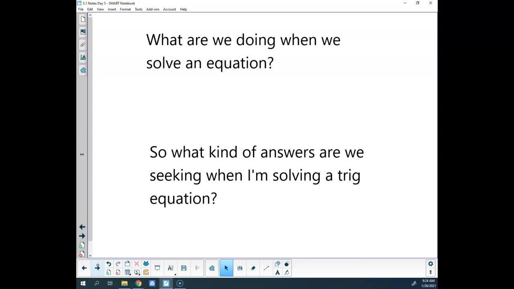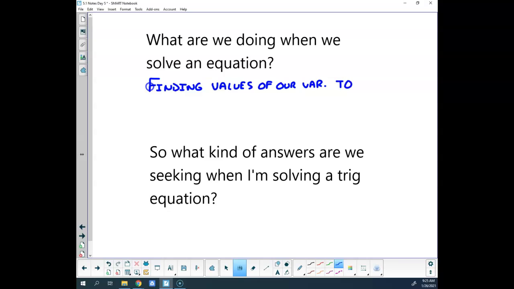So we're finding values of our variable to make a true statement.